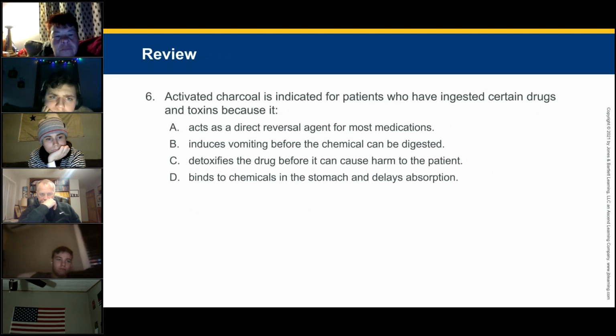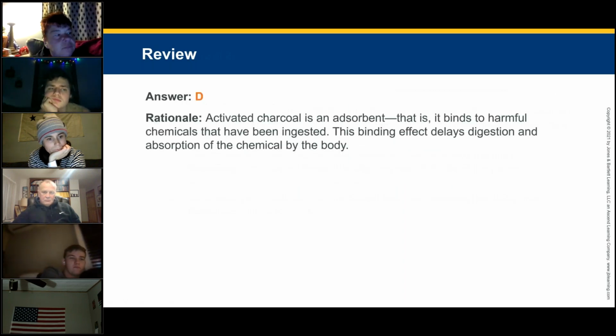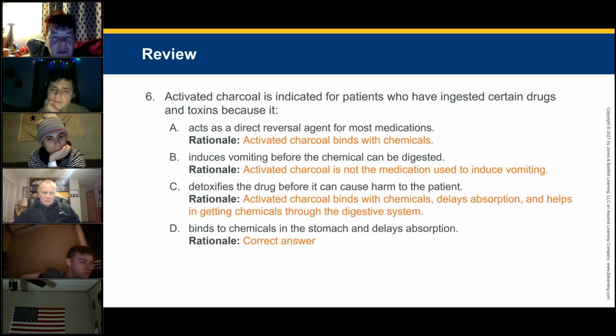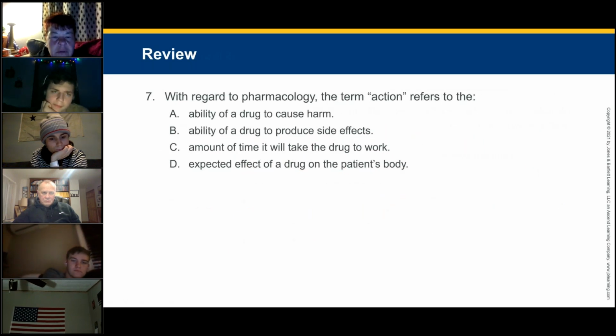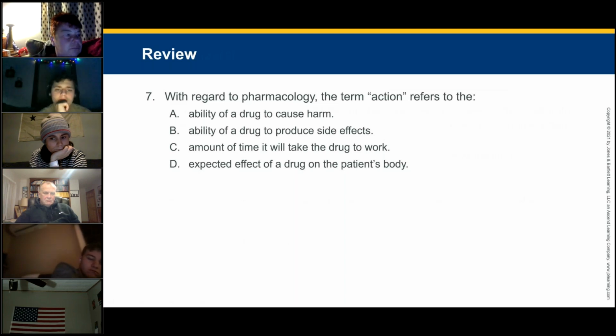D. It binds to the chemicals in the stomach and delays the absorption. With regard to pharmacology, the term action refers to what? Very good. D. The affected or the expected effect of a drug on the patient's body.